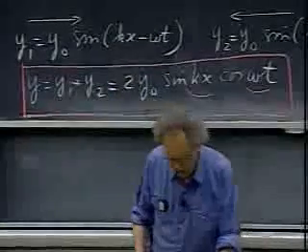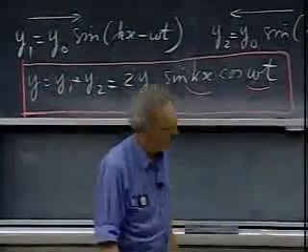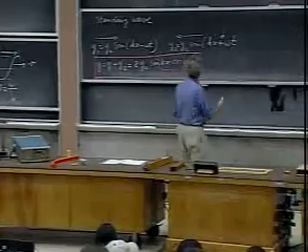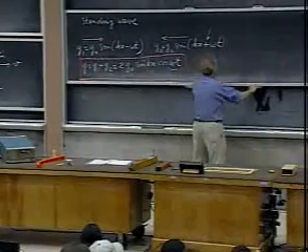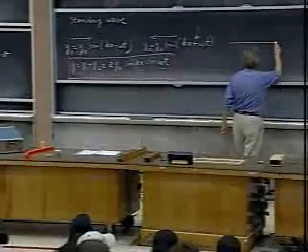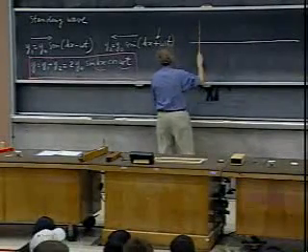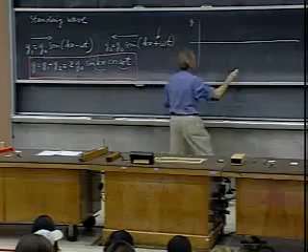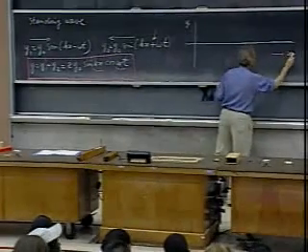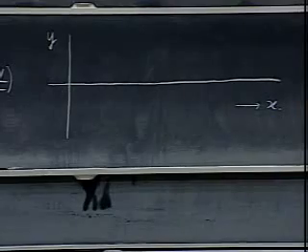And so what does a standing wave like this look like? Well, let's make a drawing of such a standing wave. So here we have y, and here we have x. Let's only look at the sine kx for now.